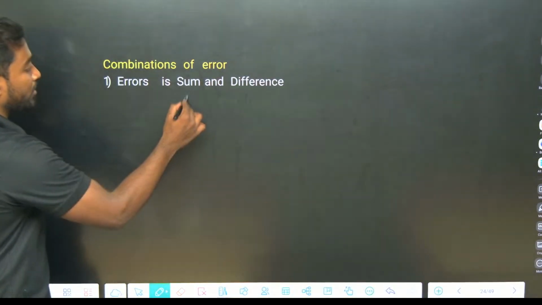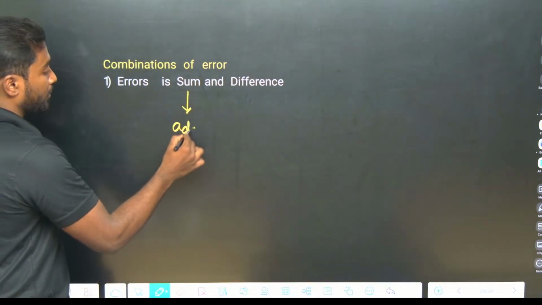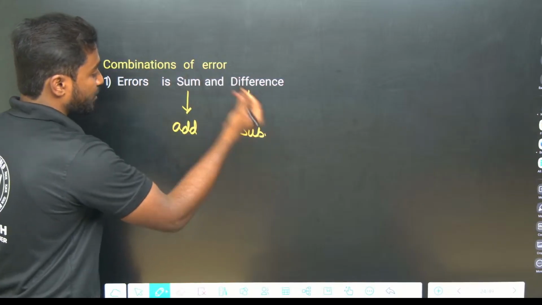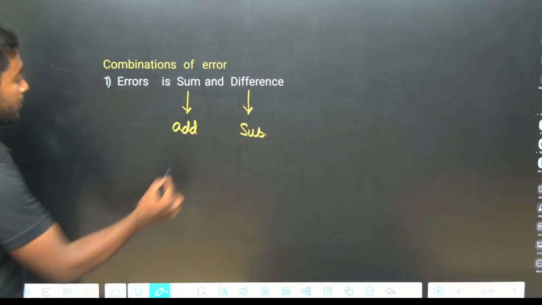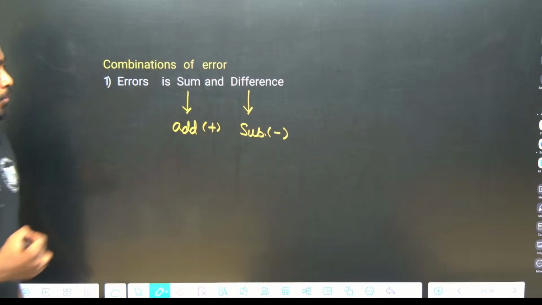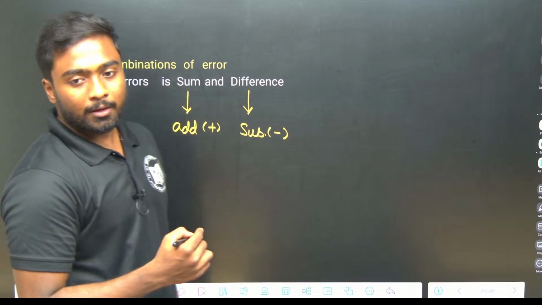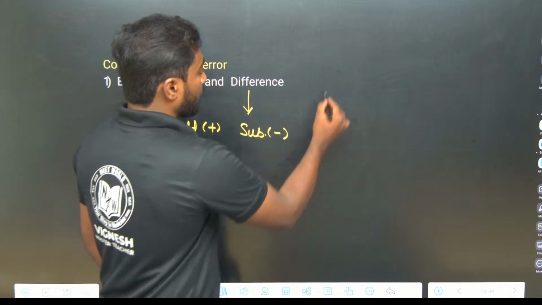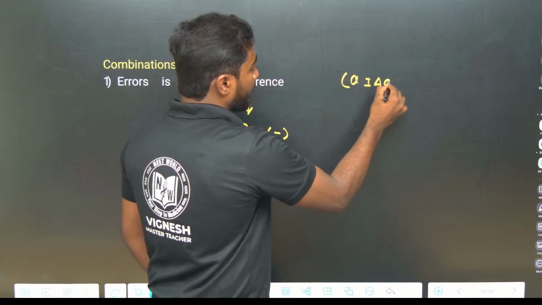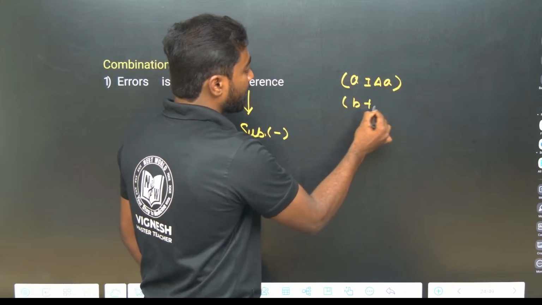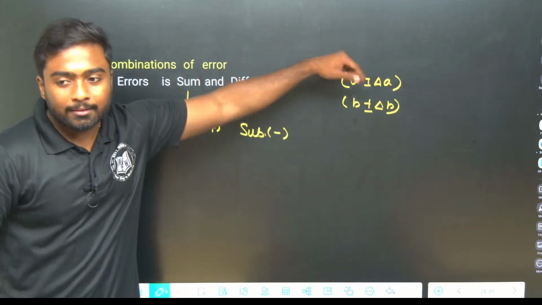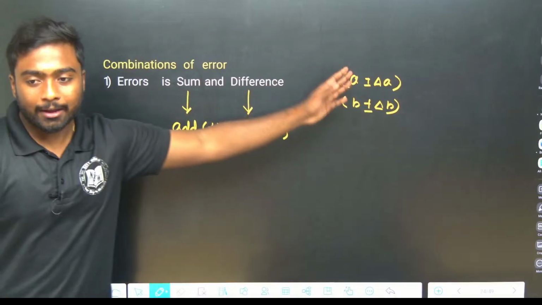Sum is for addition and difference is for subtraction. Now if I take values, for example a plus or minus delta a and b plus or minus delta b, and I want to add them, I can add directly.